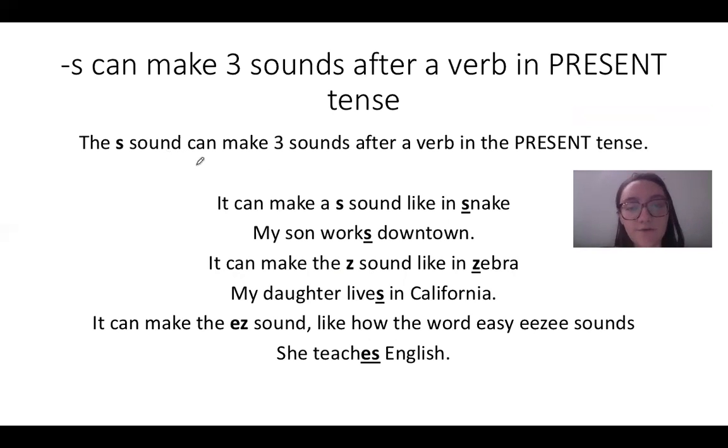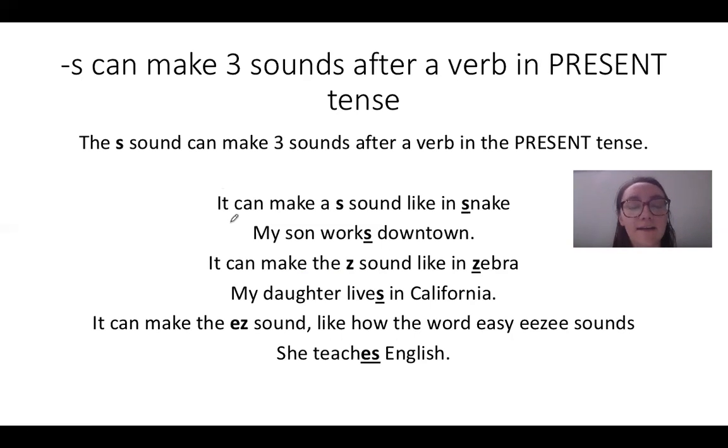Teaches, lives, works: it doesn't change what the word means or what tense it is. If we're talking about the past, present, or future, it's just how it sounds. It's just how we say it.